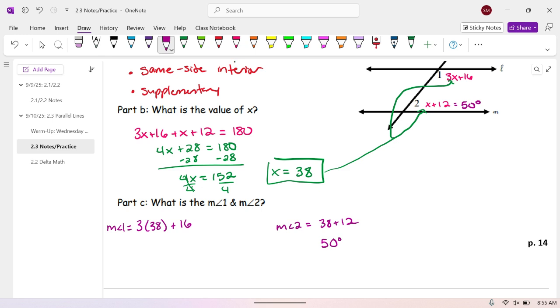But the good way to check yourself is to make sure that that still equals 130, which it does. All right. So our angle measures are 130 and 50, respectively. All right. Any questions on that one?